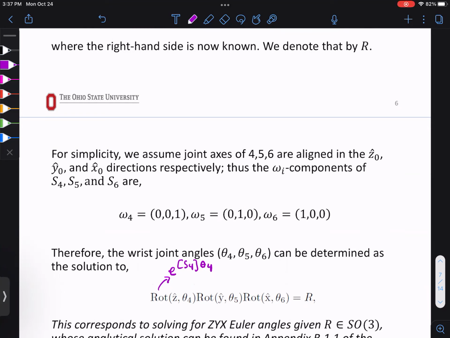Why can I change it to rotation? Remember exponential coordinates? That's the definition of exponential coordinates. If you know the direction of the rotation, axis-angle is as if it was a rotation about that axis for that angle. So I'm swapping that to something I'm familiar with.